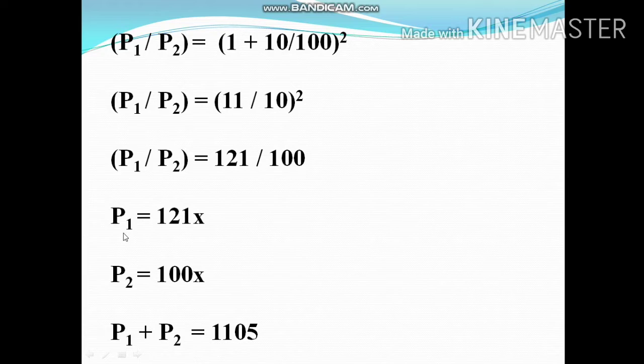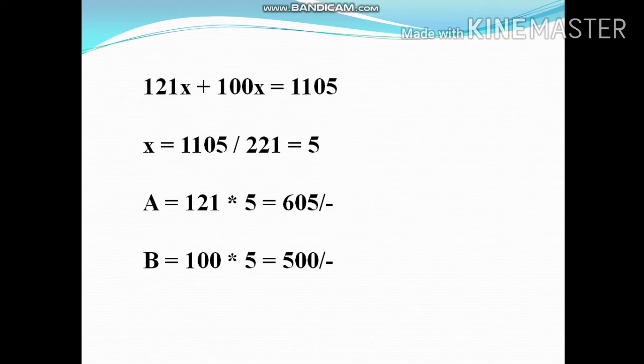So P1 becomes 121 times, that is 121x, and P2 becomes 100 times, that is 100x. So total P1 plus P2 is given in the problem as 1105 rupees. Let's substitute this. 121x plus 100x is equal to 1105 rupees.